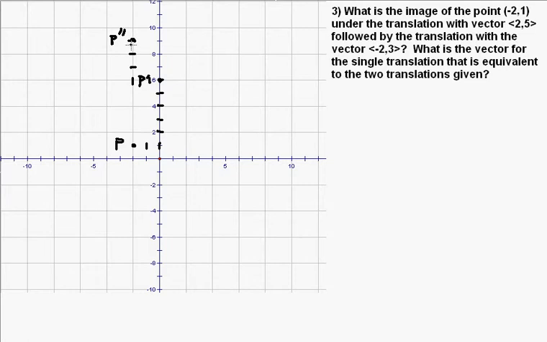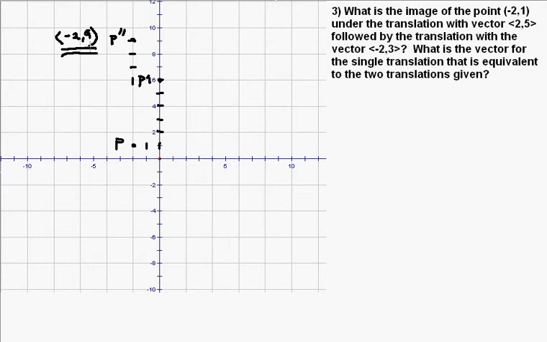So the final translation that takes place then, the ordered pair here, it looks like we're back to (-2, 9). So that would be the answer to our first question. That's the final image given those two translations.